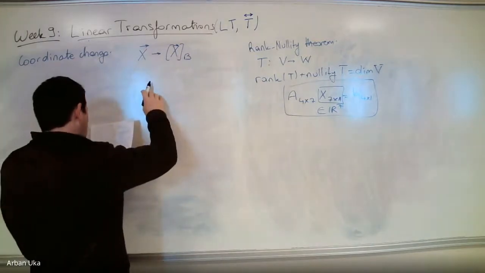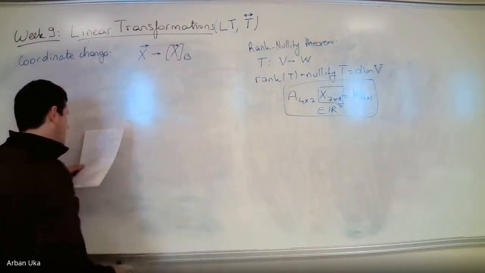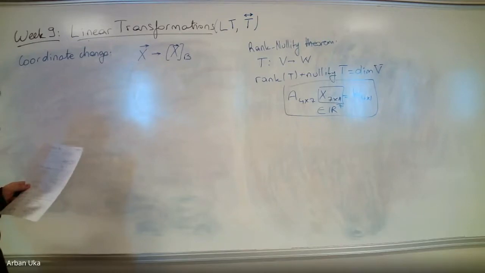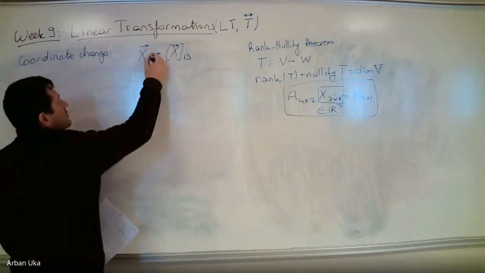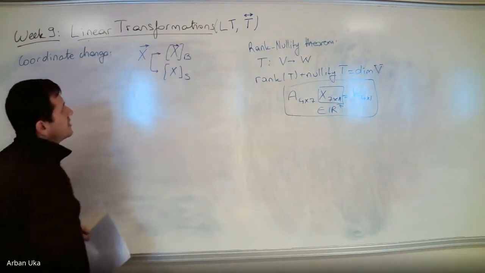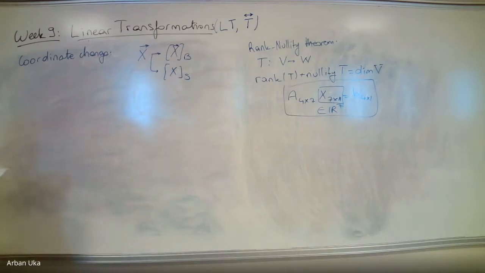But we can also represent the whole vector x in a completely different domain or in a different basis. So we can also write this as the projection of vector x on another basis S. Now this is what we're going to see next.